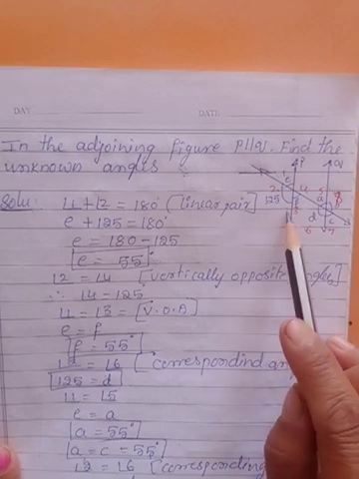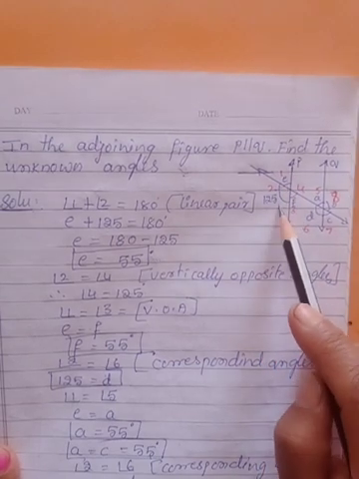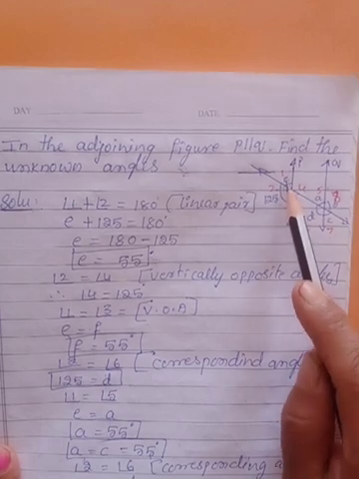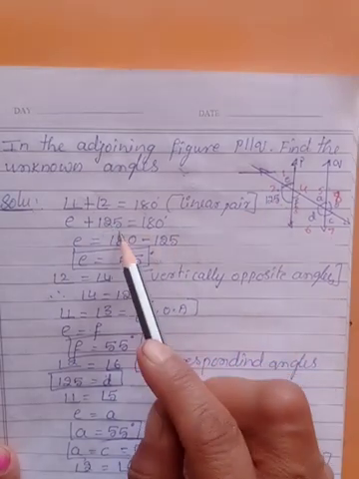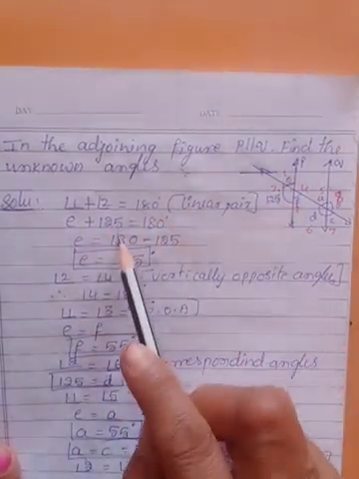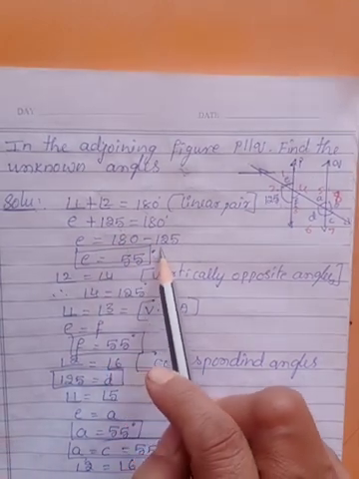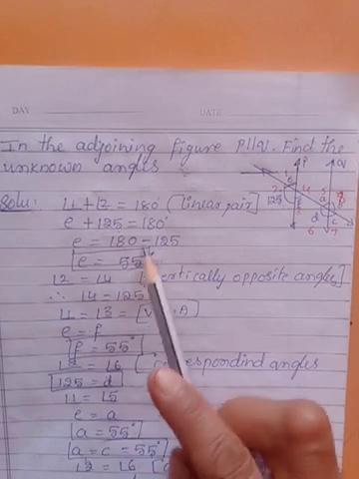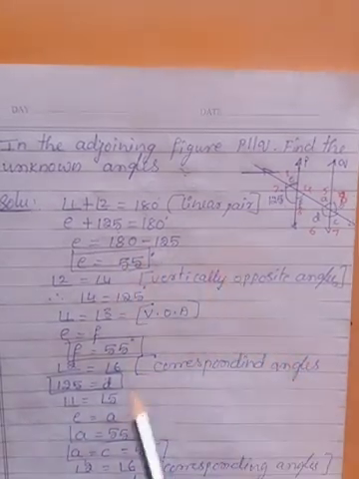Here you can observe angles 1 and 2 are a linear pair, and a linear pair is always equal to 180 degrees. So this angle E is 1, and angle 2 is 125. So E will be 180 minus 125, that is 55.